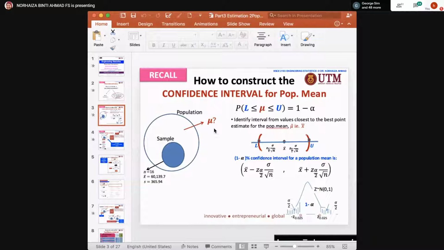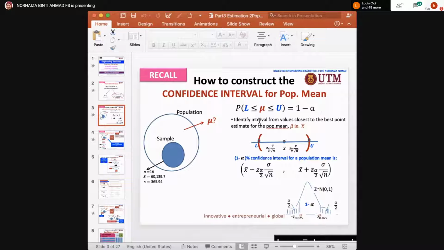For a confidence interval, the value is an interval, and this interval has a probability of 1 minus alpha of containing the population mean between its two limits.